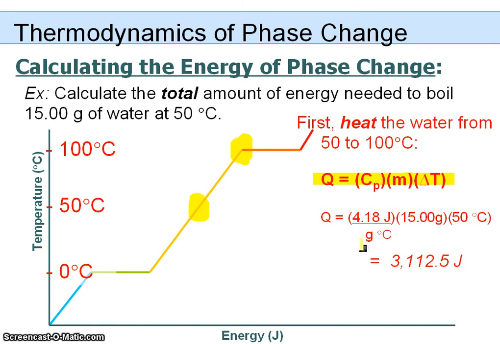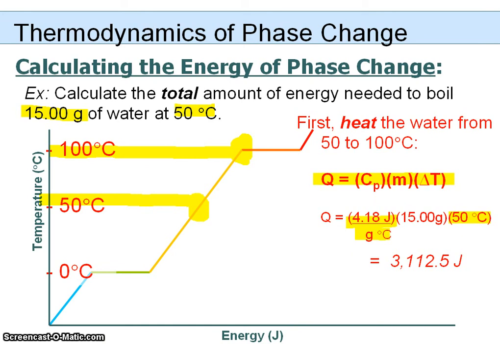On the back of the periodic table, we're given the specific heat of liquid water as 4.18 joules per gram degree C. The mass we are given in the problem as 15 grams. And if we're going from water at 50 degrees C to its boiling point at 100 degrees C, then we have a change of 50 degrees. So when we multiply those together, we get roughly 3,000 joules.